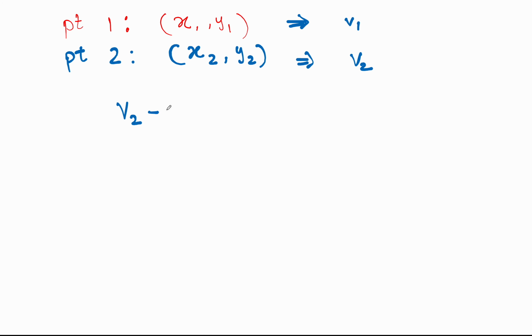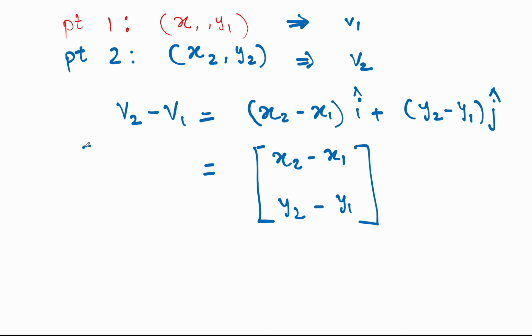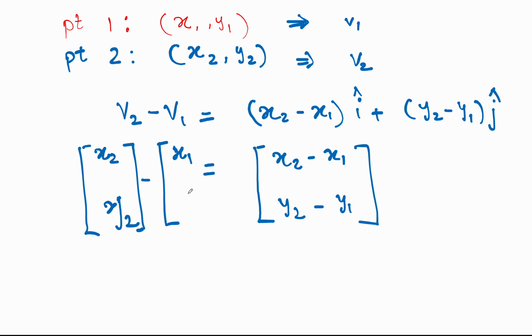So if we do v2 minus v1, that will be x2 minus x1 i hat plus y2 minus y1 j hat, or if we are writing in the vector form, that will be x2 minus x1, y2 minus y1, where vector v2 is x2 y2 minus v1, which is x1 y1.